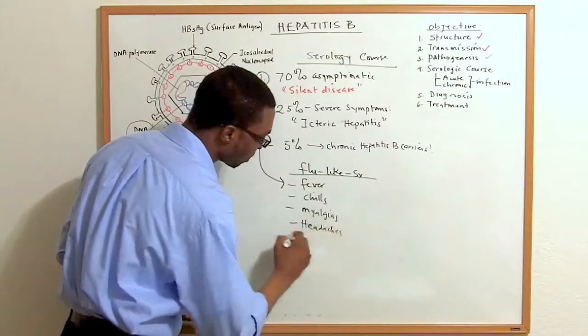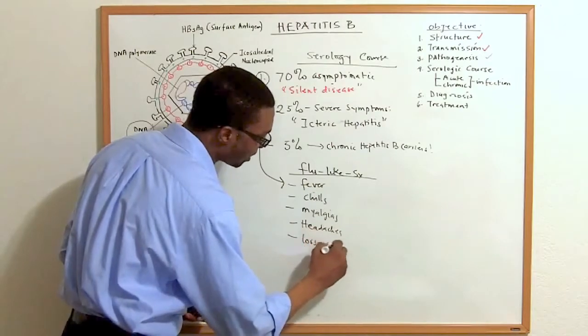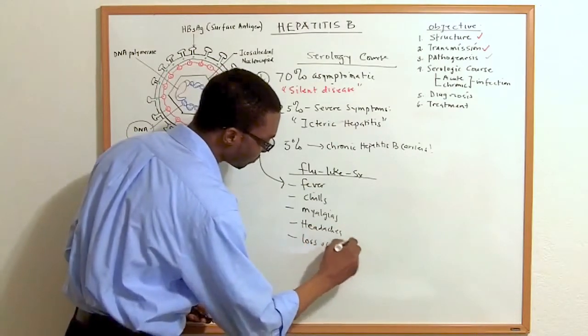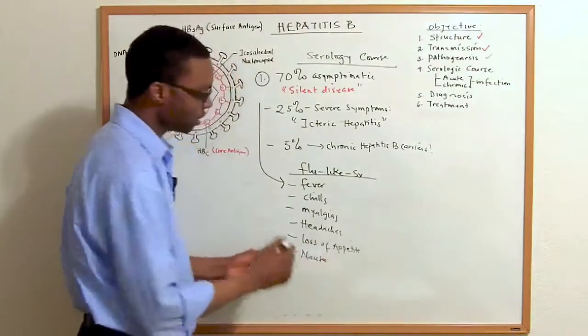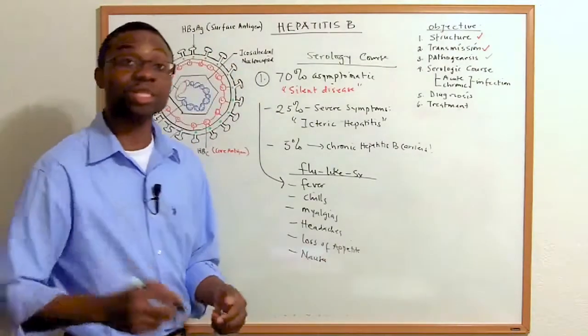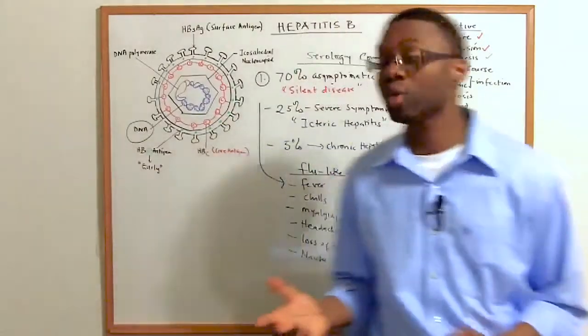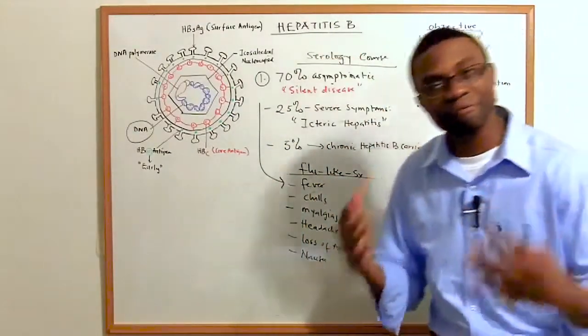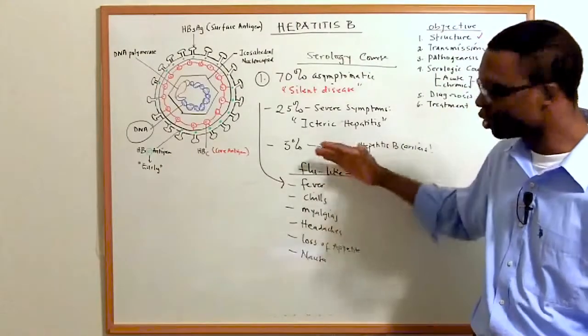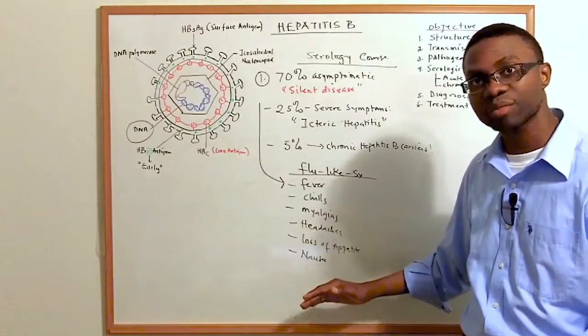For patients that develop mild symptoms, it feels like you're just having a flu. So patients don't know they're actually having a hepatitis B viral infection, but these are usually mild flu-like symptoms.